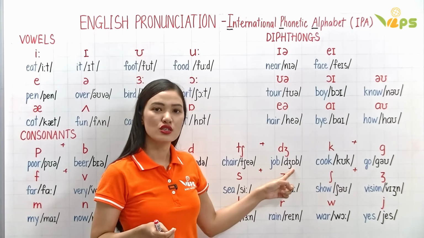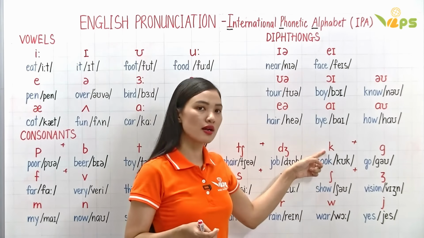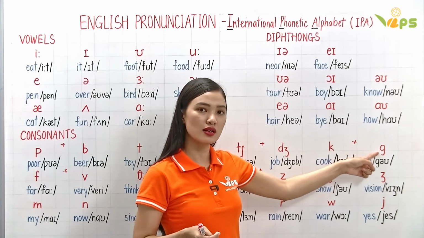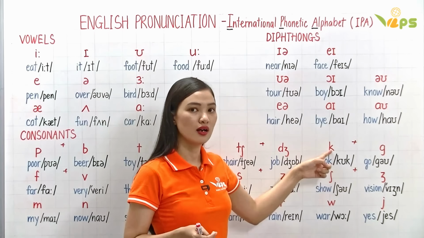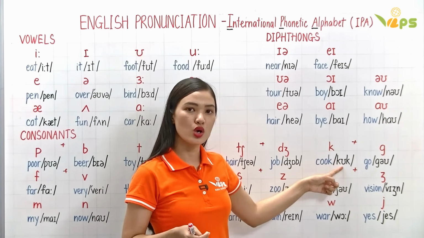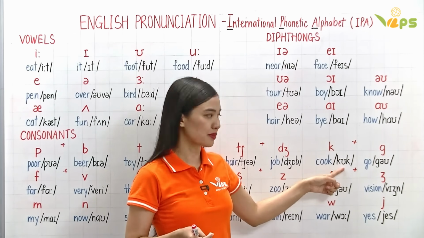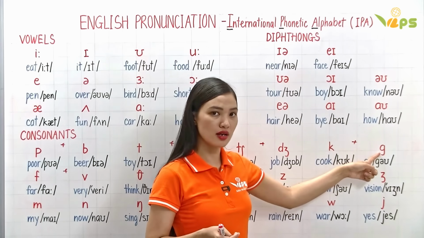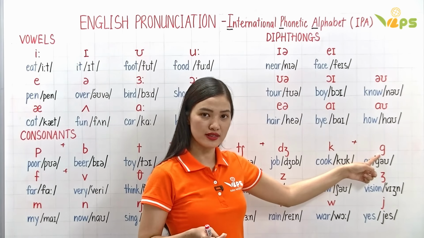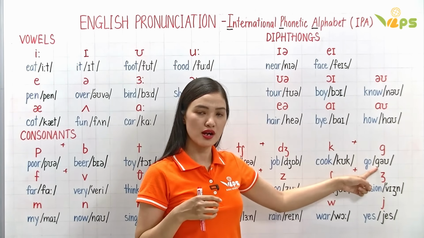Job. And this couple, k and g, k, unvoiced. Now, cook, short u, cook. This one, g, voiced, vibration here, go.